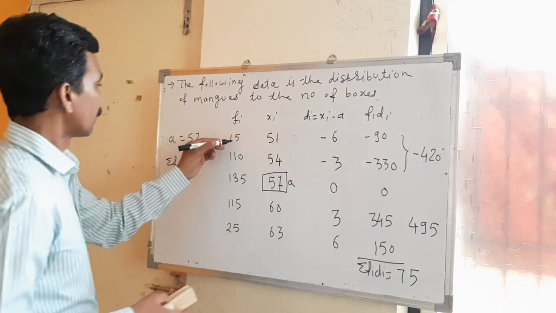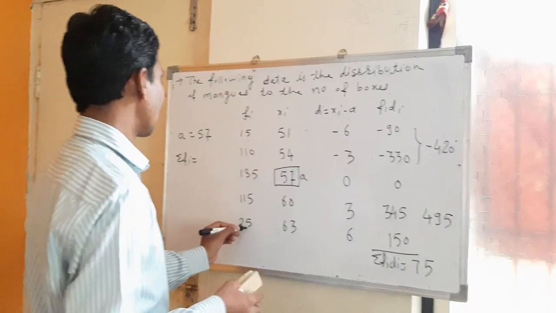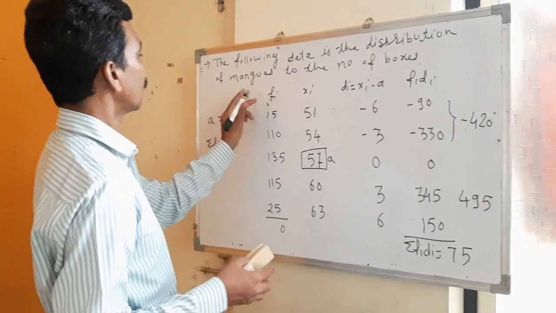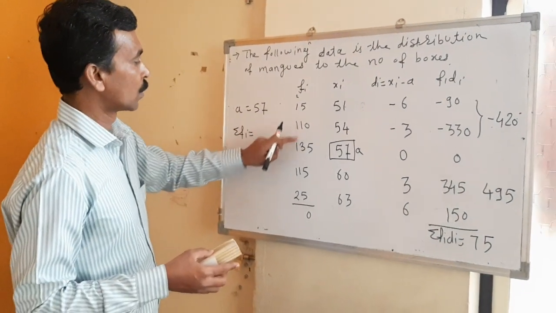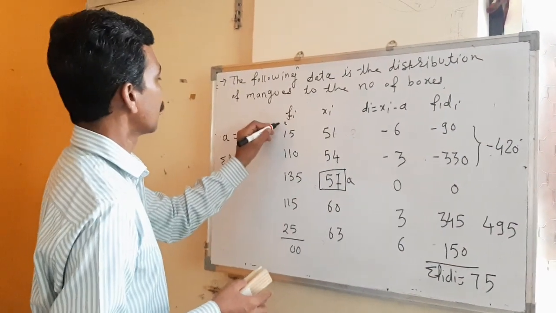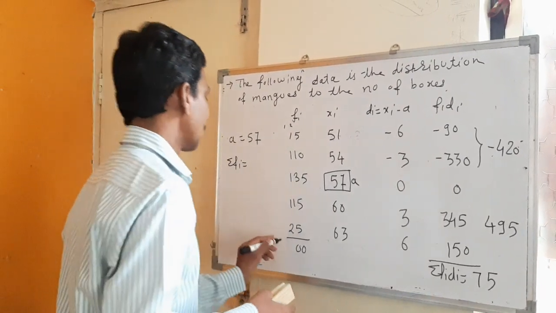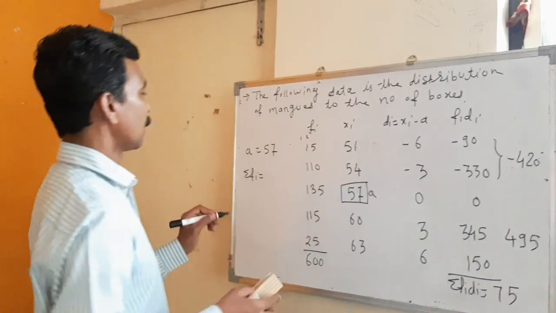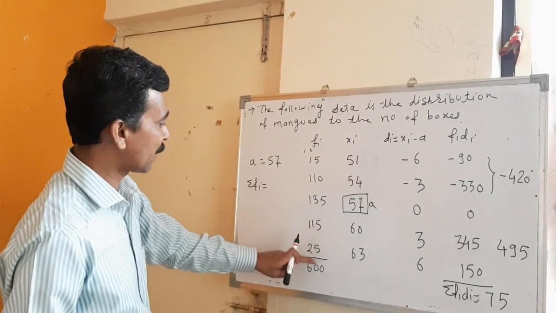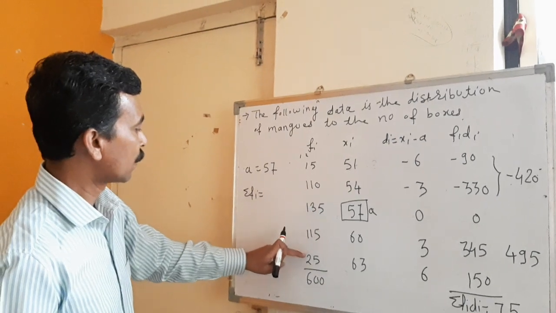I will add this. 5 plus 5, 10, 10 plus 5, 15, 15 plus 5 is 20. 0, carry 2. 2 plus 1, 3, 4, 7, 8, 9, 10.